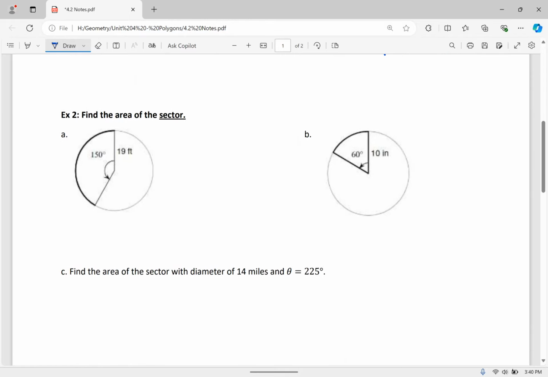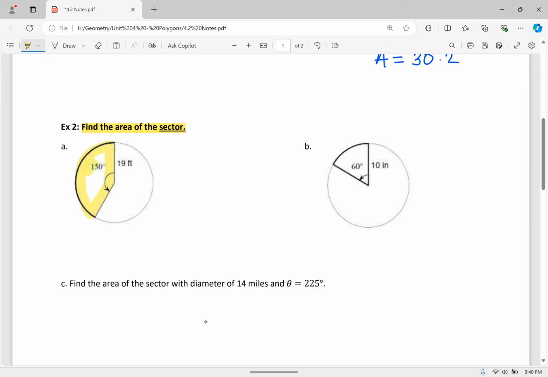All right, now we will try to find the area of the sector. Remember, the area of the sector is the section that has the central angle. In the problems you're primarily going to be working, there will be a little shaded region for you to see. We need a different formula for that. I'm going to write that down. Remember, it is the angle divided by 360, and then again times pi times the radius squared.